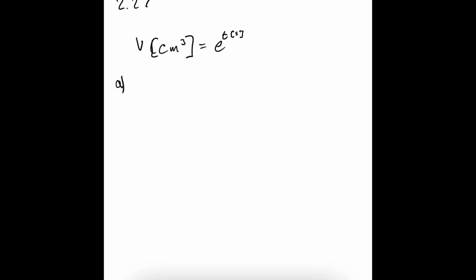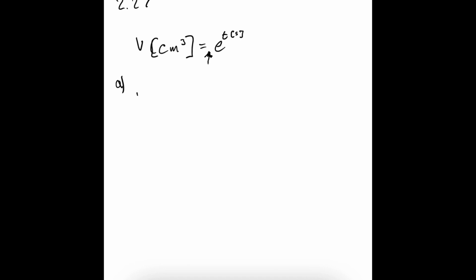So we need to convert our time in seconds into time in hours. It's a little tricky right here, but there is a coefficient here that you can't see, because the coefficient is equal to 1.